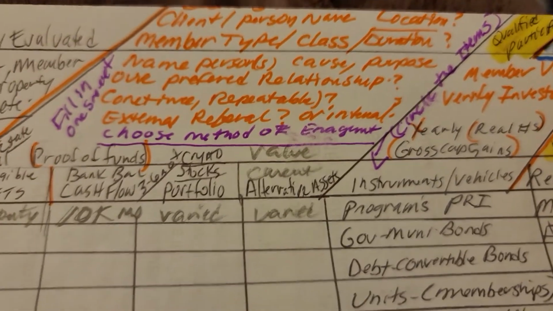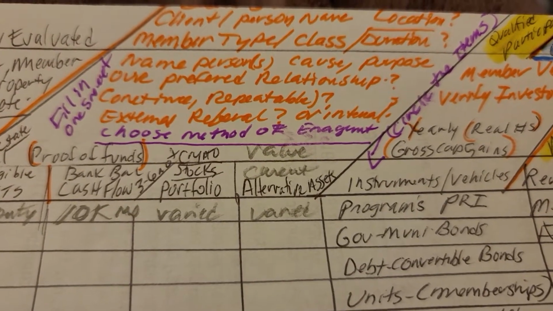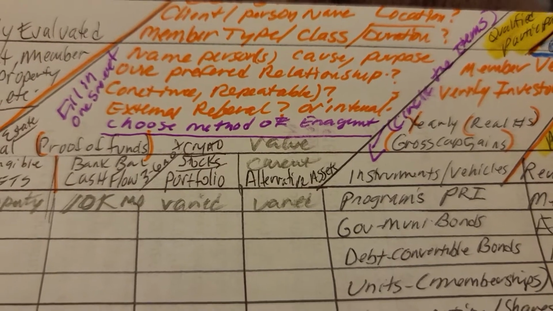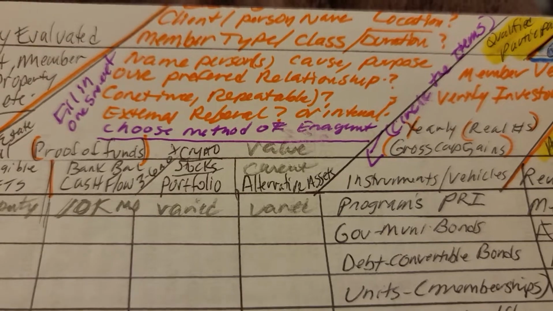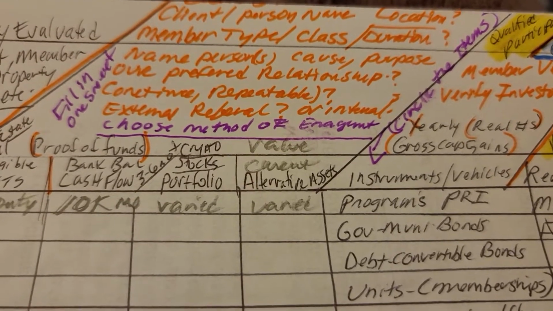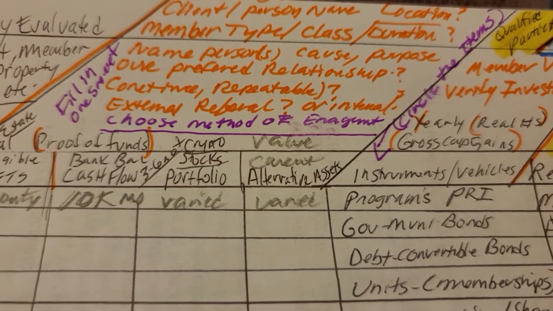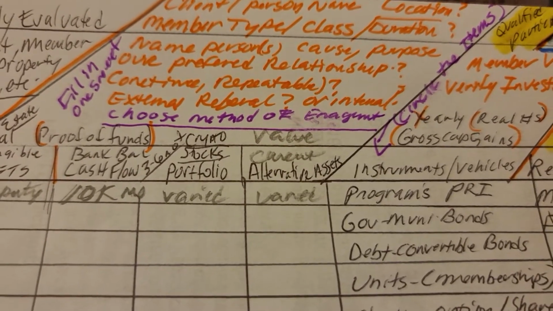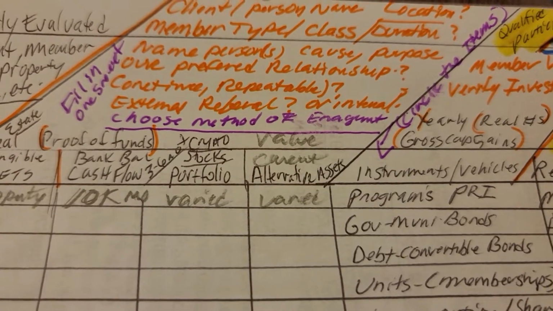And we put a statement in that, and it goes on our one sheet. Then we do the time, if it's going to be a one-time or a repeatable thing, and if it's an external person that came to us from out of the blue or an internal referral. And then we choose the method of engagement that we think is the best.